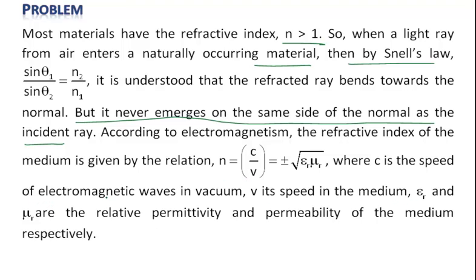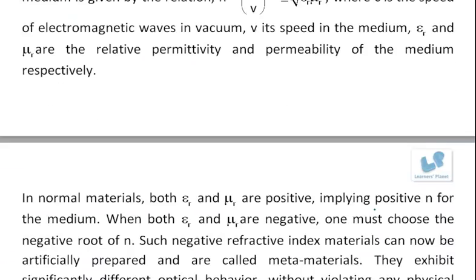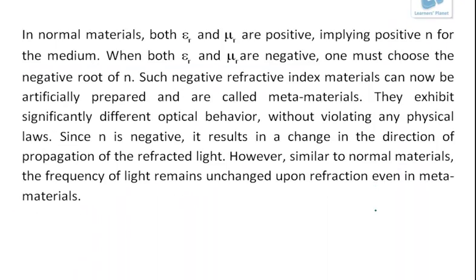We know that c is the speed of light in vacuum and v is the speed in the medium. Now in normal materials both epsilon r and mu r are positive, implying positive n for the medium. When both epsilon r and mu r are negative, one must choose the negative root of n.